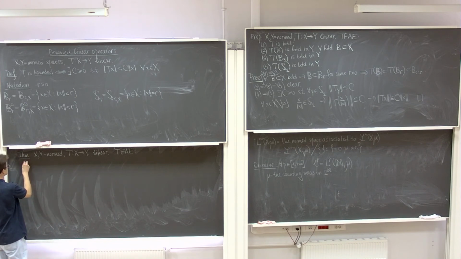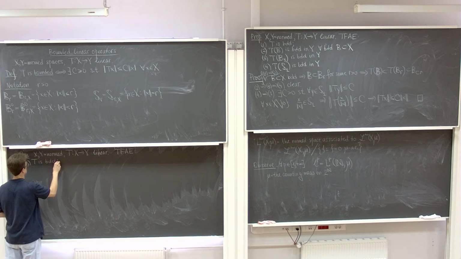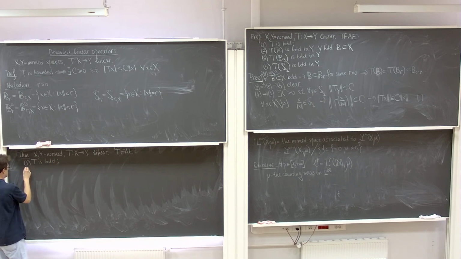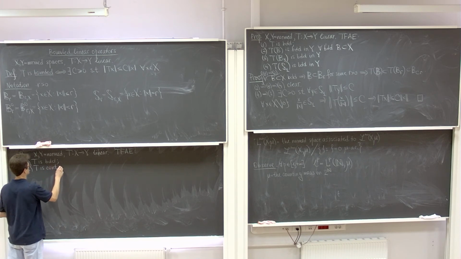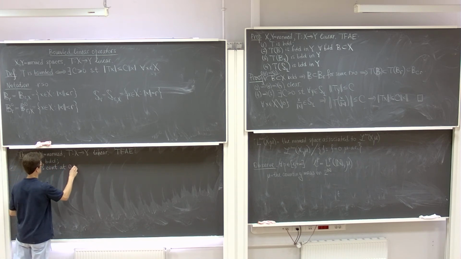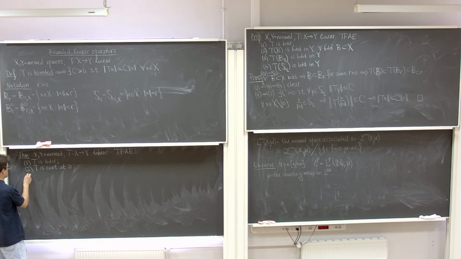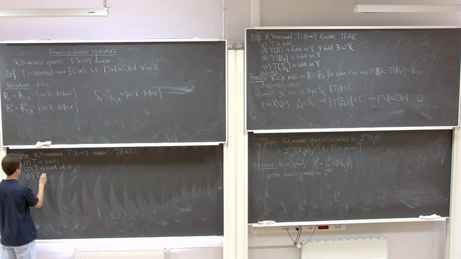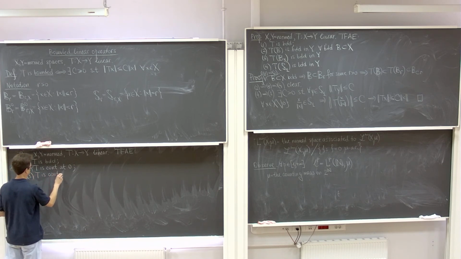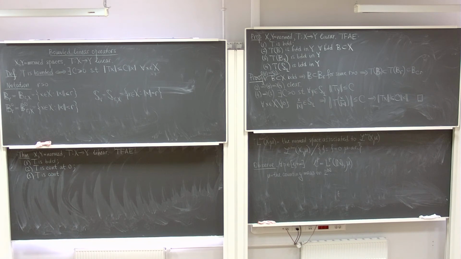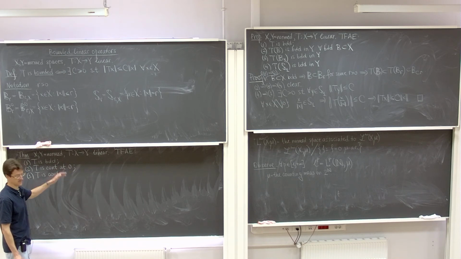Condition 1, T is bounded. Condition 2, T is continuous at 0. And condition 3, T is continuous. And in fact, as we will see from the proof, we can replace here 0 by an arbitrary point of X.